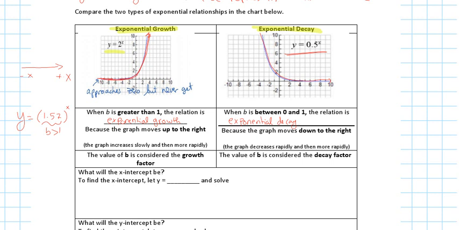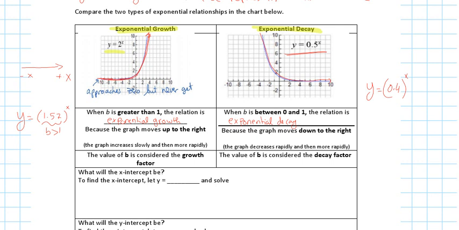And 0.5 is between the numbers 0 and 1. Right? So that's how I know it's an exponential decay. Give me another example with an exponential decay. 0.4. Sure. 0.25. Sure. These are exponential decays, as long as it's 0 point something.